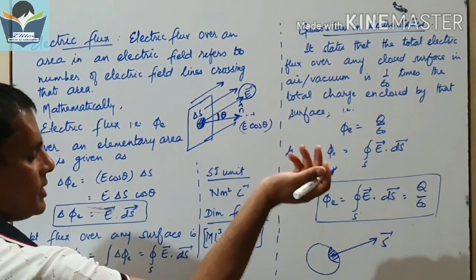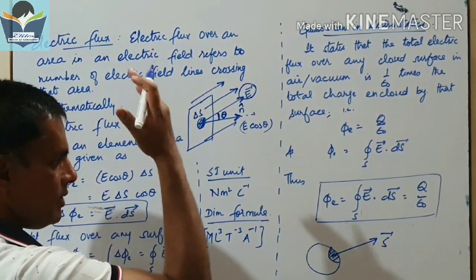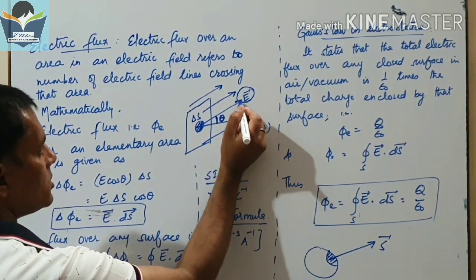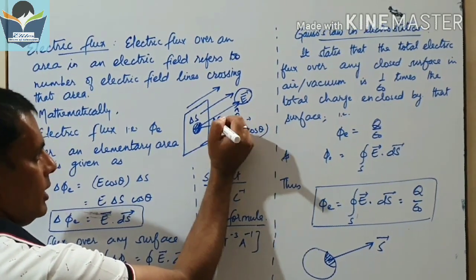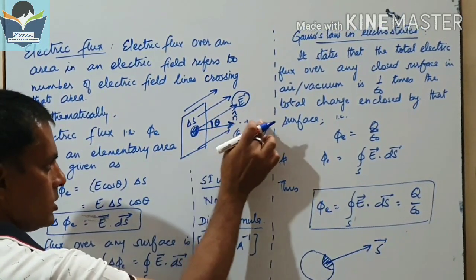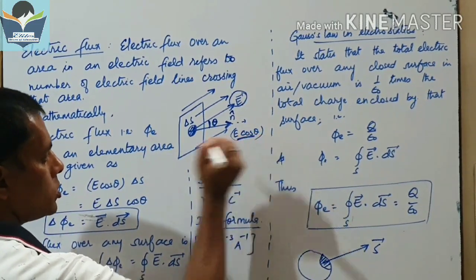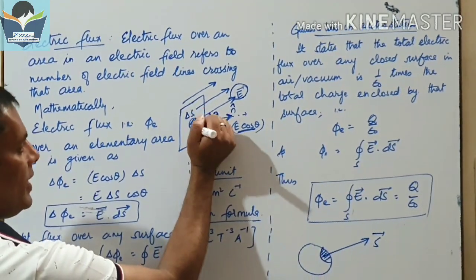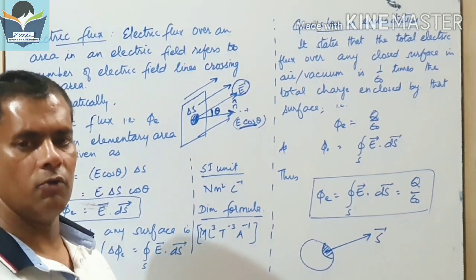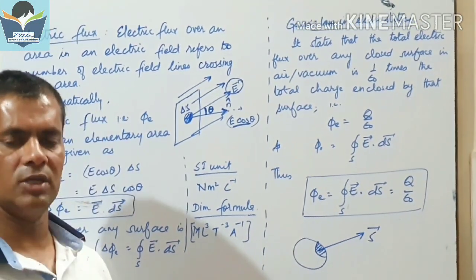As we discussed earlier in 11th, if this is the vector and this is the angle theta in this direction, the component along this direction is E cos theta, and if it were perpendicular to this, it would have been E sin theta.